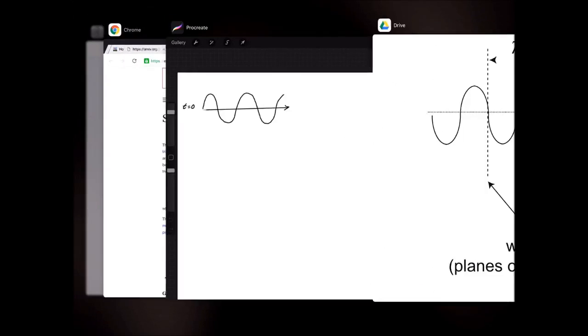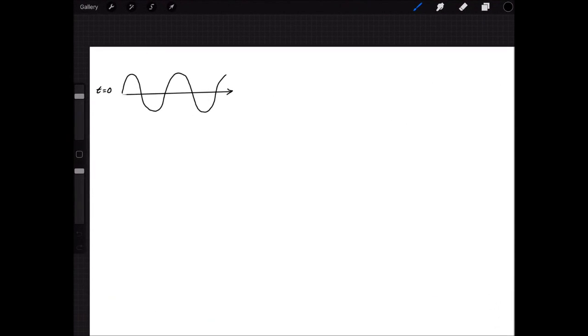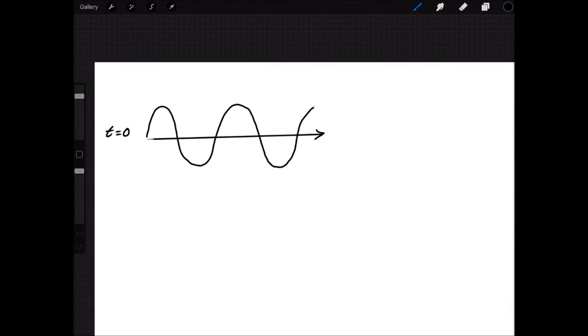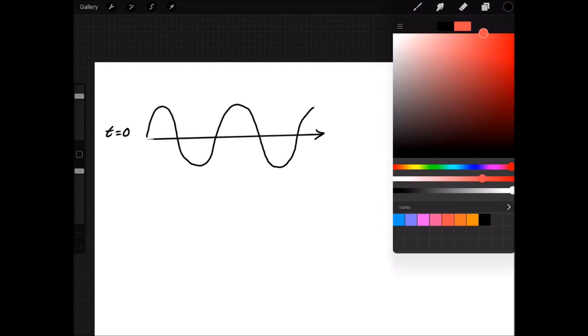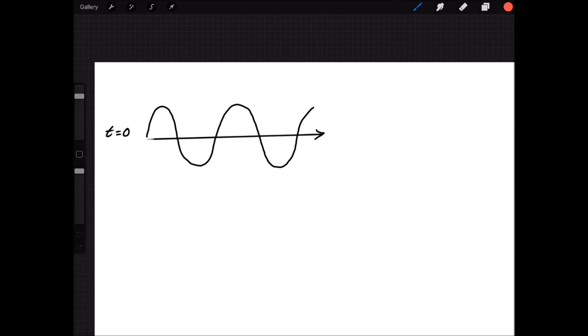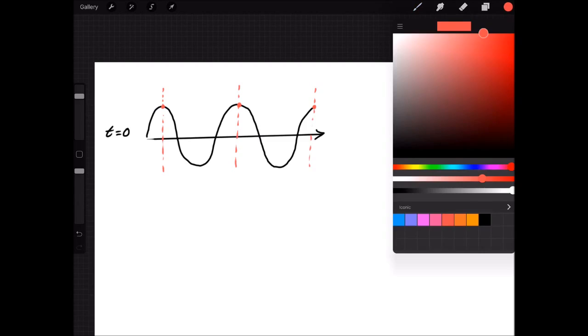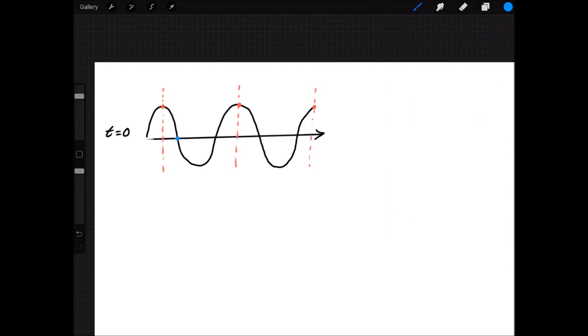So let me illustrate that just a little bit better. Suppose we have the wave going from left to right, and let's look at, say, particles which are at the peaks of the wave. So it's here, and say here, and here. We can also look at particles which are at the troughs. So here, and so on.